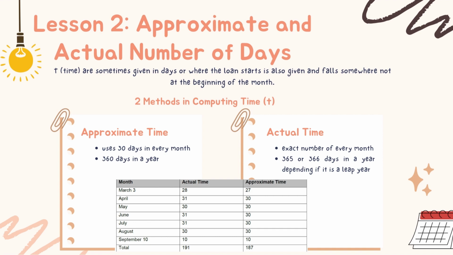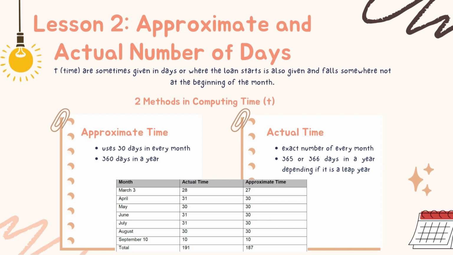And so on. April has 30, May has 31, June is 30, July is 31, August is 31. Anyway, the total is still 191 if you use the actual time.